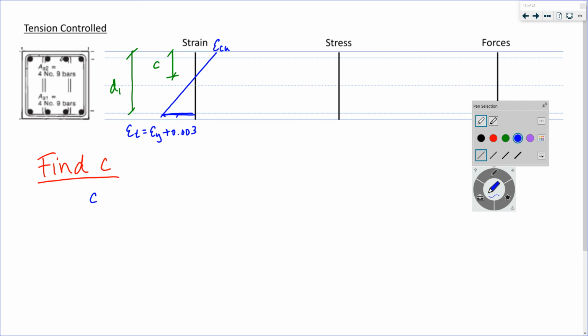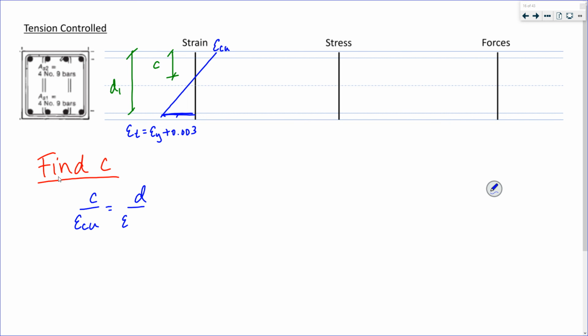C is to ECU as D is to EY plus 0.003. So from that we should get a C of D times ECU over EY plus 0.003.